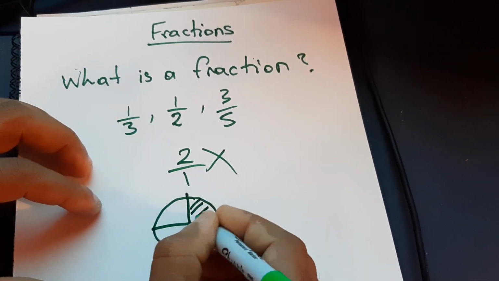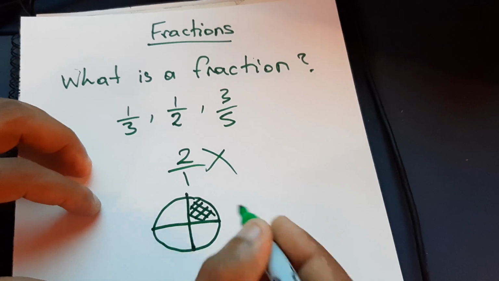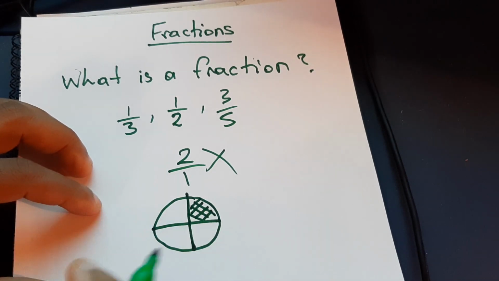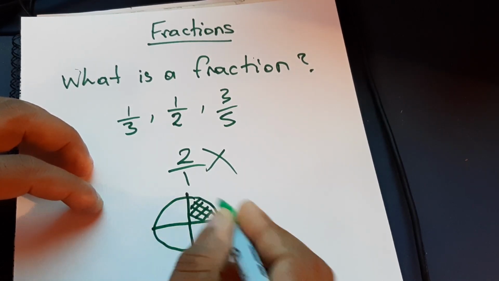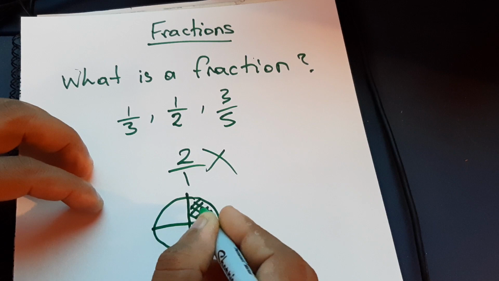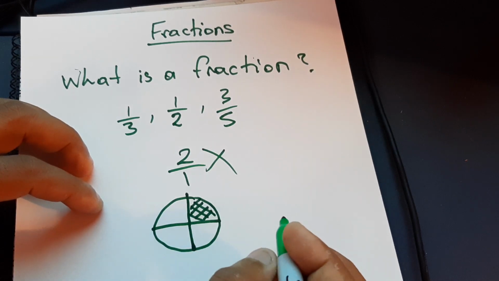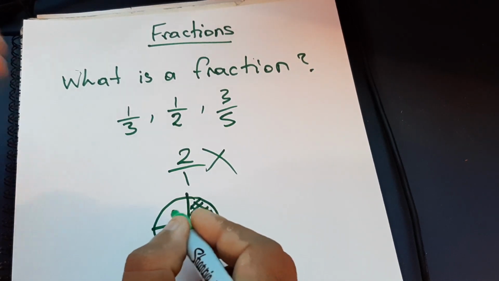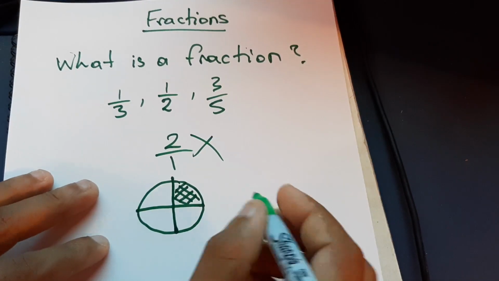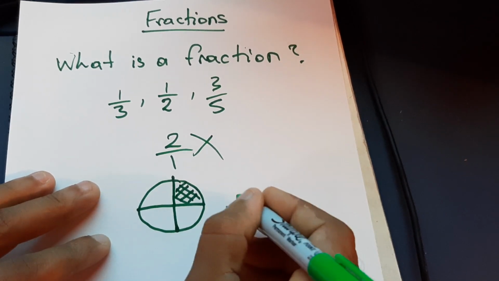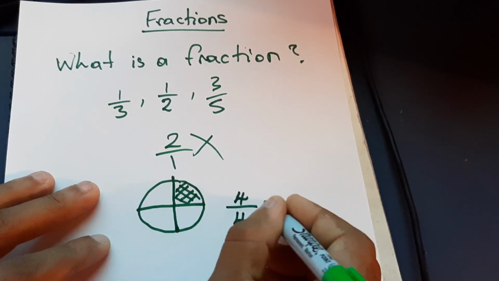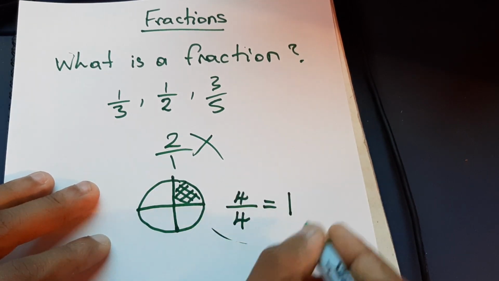The shaded section is what we have. This entire circle represents the entire cake. If the cake was split up into 4 parts, the 4 we would represent as the denominator. If we put 4 over 4, this would represent 1, the entire cake.